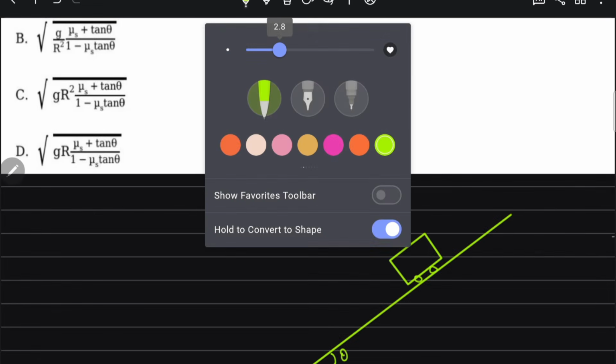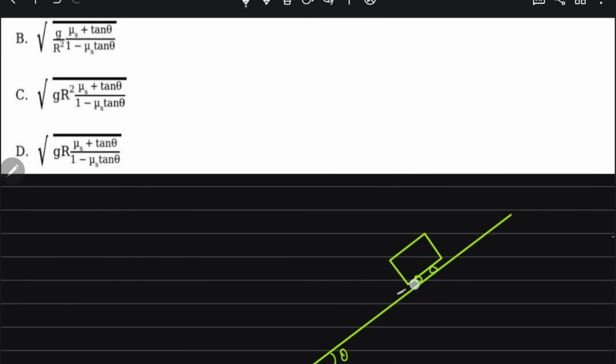So in this situation, the normal reaction is acting here, and this is theta. Here mg force is acting downwards. You see this is theta, so this is also theta.